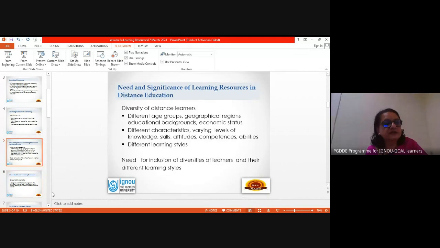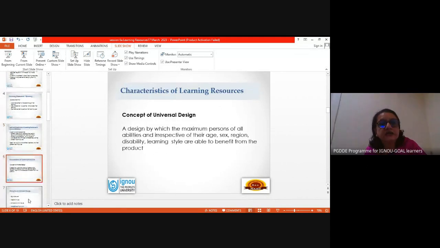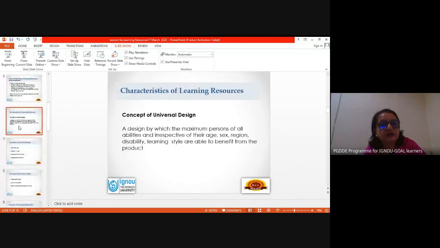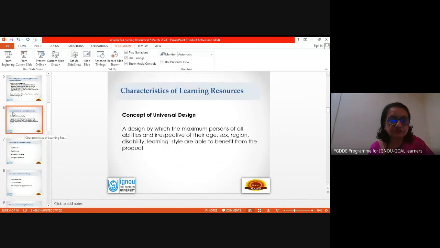There is a need, because there are so many different types of people of different age groups and backgrounds that we just spoke about, that we think up a way in which there is a commonality, and that commonality comes from the fact that there is a universal design.